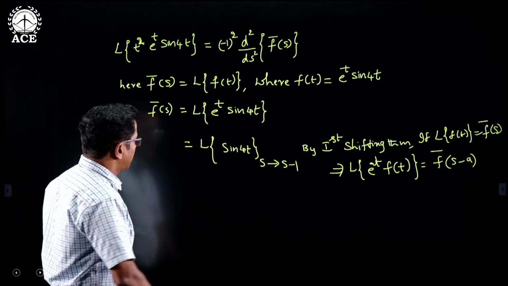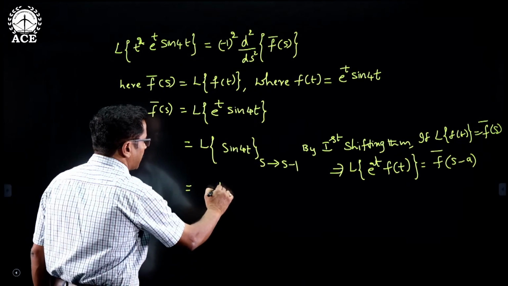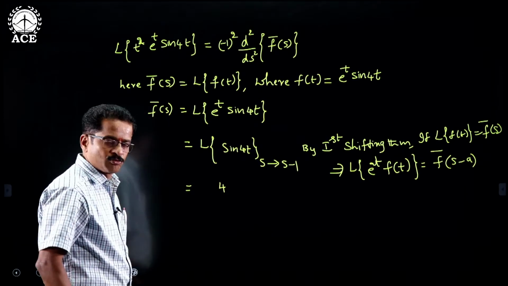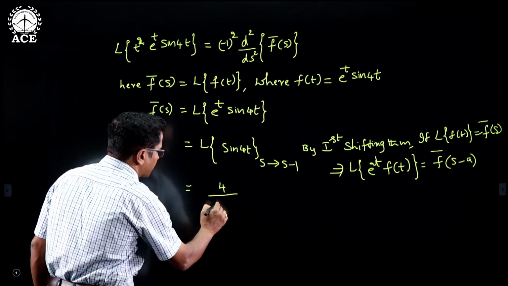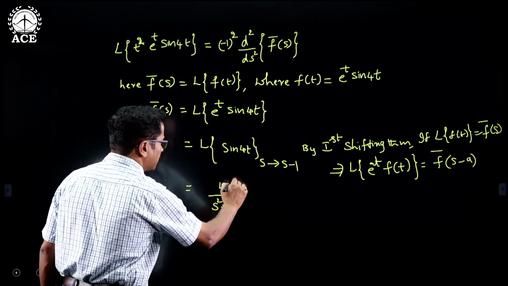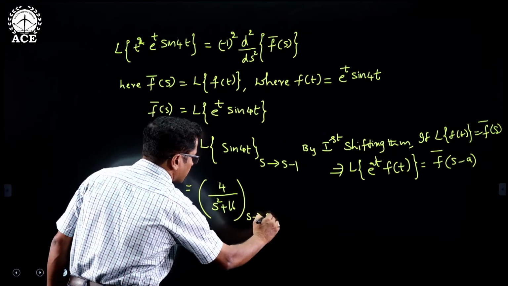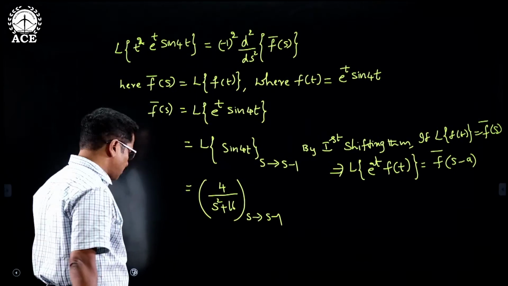So in that way, I am writing this as, actually sin a t formula is a by s square plus a square, that is a is 4 here, 4 by s square plus 16 where s is shifted to s minus 1.